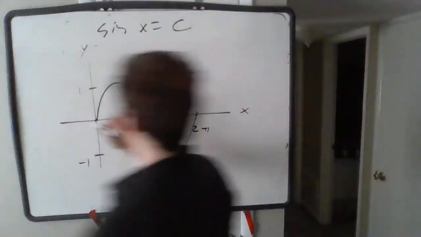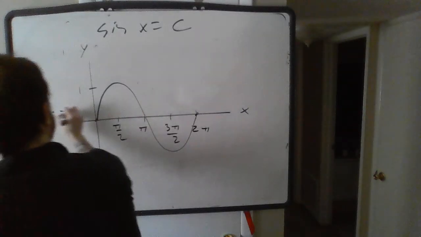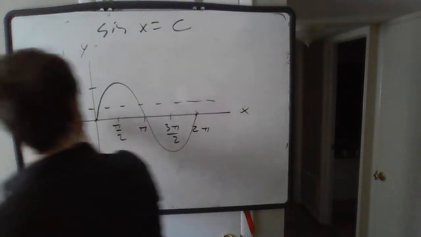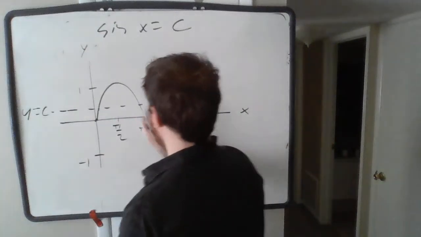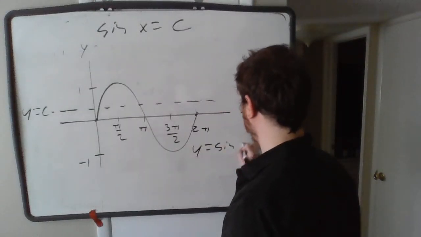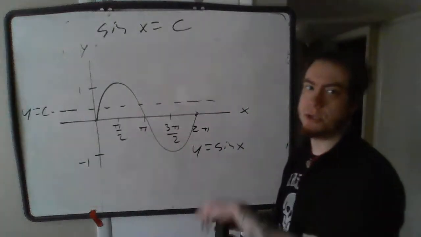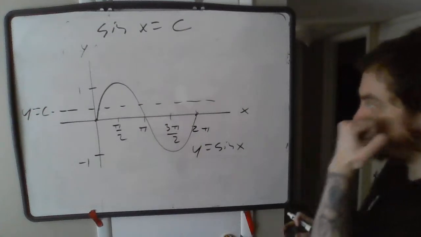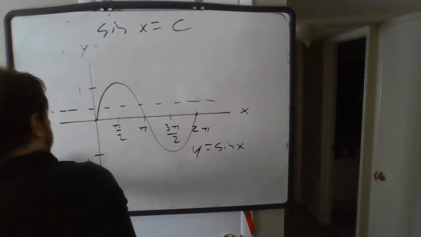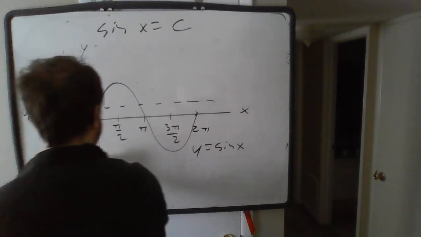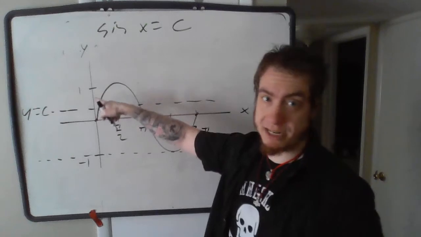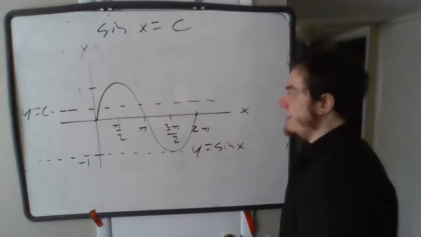One case is that over this cycle, the line y equals c hits the curve y equals sine of x twice. So we get 2 solutions per cycle. Another possibility is if we're dealing with c being plus or minus 1.